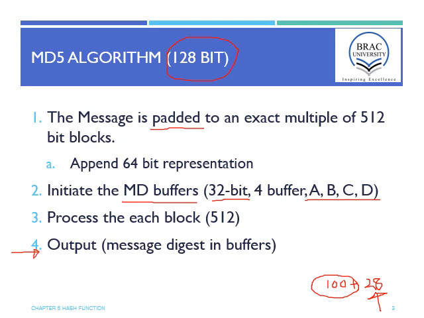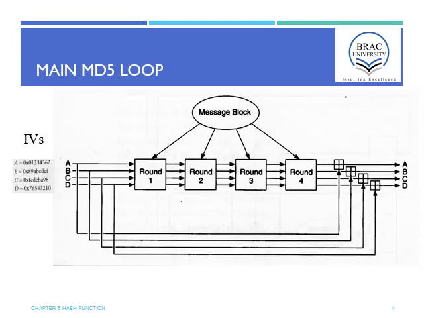Let me show you some graphical representation. This is how it works. This message block is 512 bits. This is our message. It is used in several rounds. We have 4 rounds, and the same thing goes on in each round.